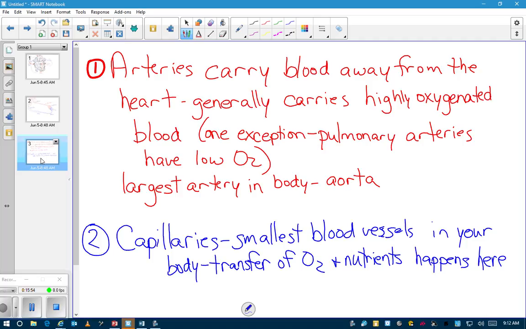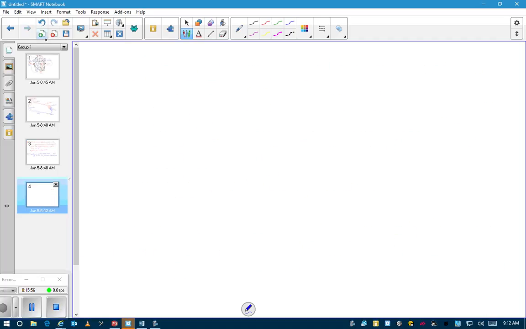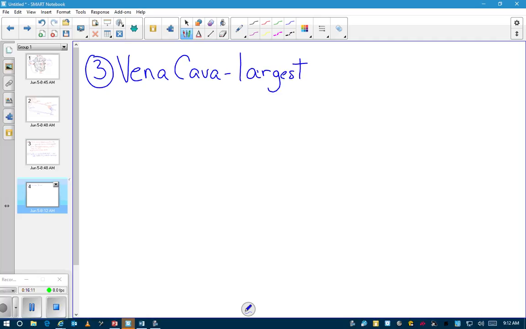So let's add some veins here. So Vena Cava, largest vein in the body.